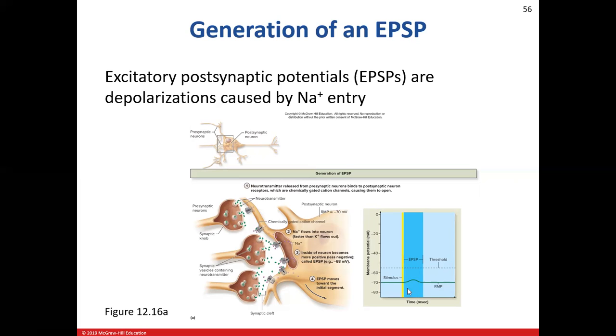So here we have our stimulus. Here's the distance of an EPSP. You'll see that it's just a small depolarization. In this case, it doesn't reach threshold, and because of that, it diminishes over a distance and returns back to the resting membrane potential. So this was just one particular stimulus at one particular location.